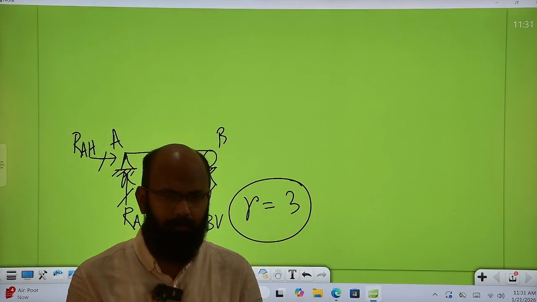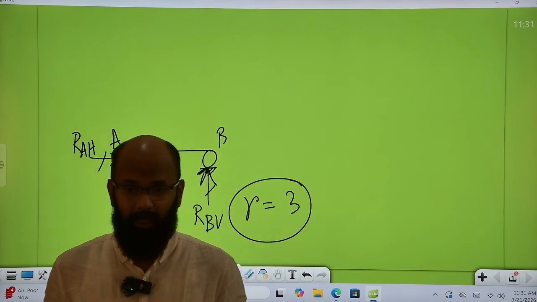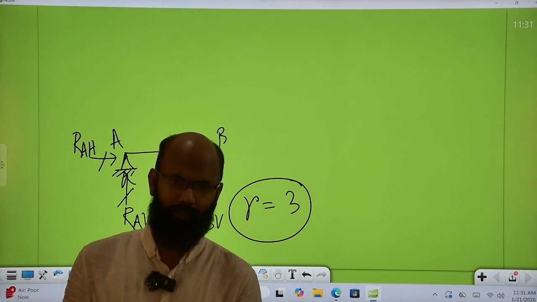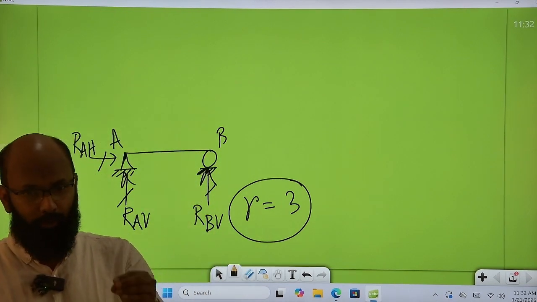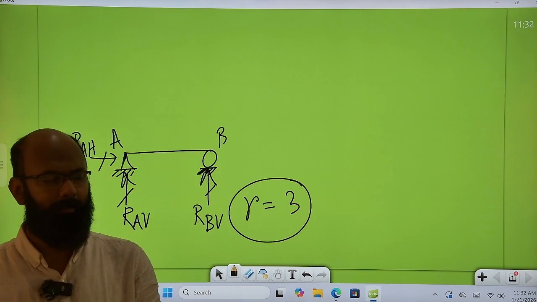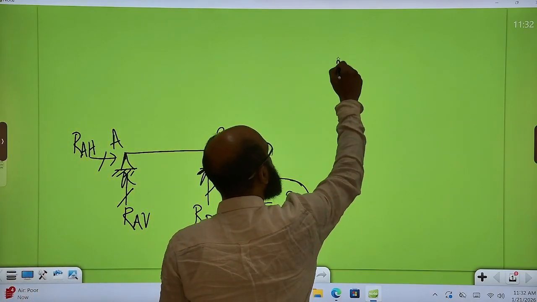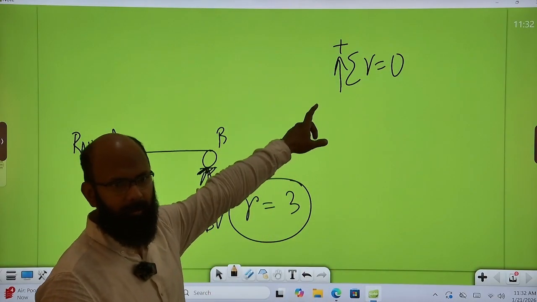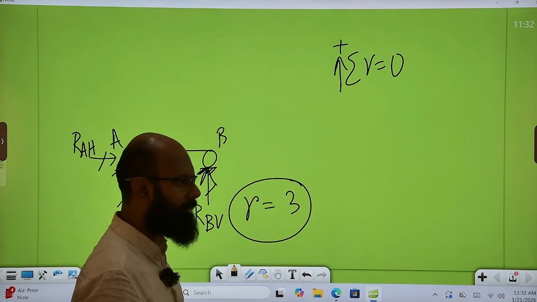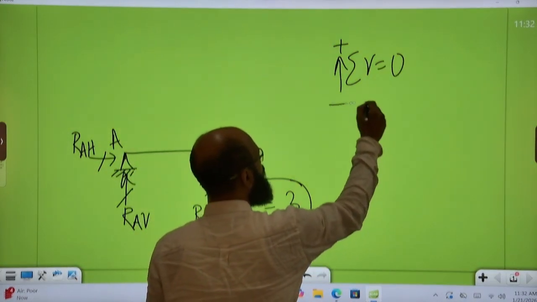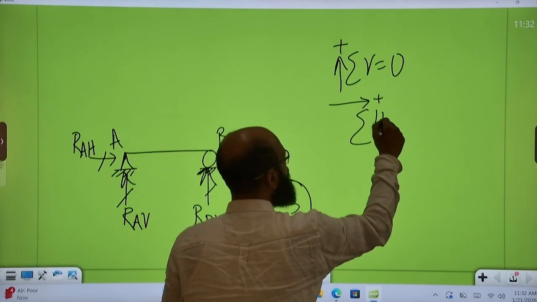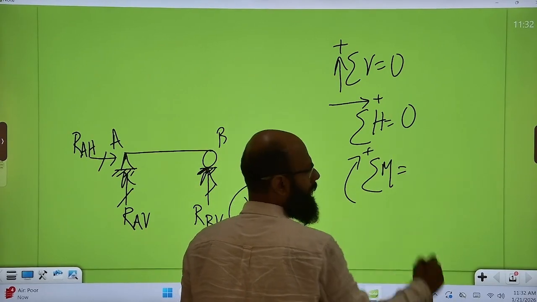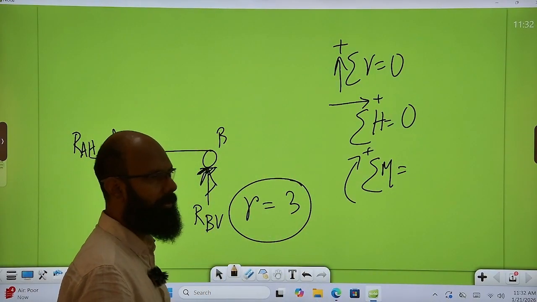Yes, I could move upward. If the reaction is less than 70 kilograms, I could move downward. So to be in vertical equilibrium, all the vertical forces must be equal to 0. This is equilibrium condition 1: the summation of all vertical forces should be equal to 0. Then the summation of all horizontal forces should be equal to 0, and the summation of all moments about a particular point should be equal to 0.